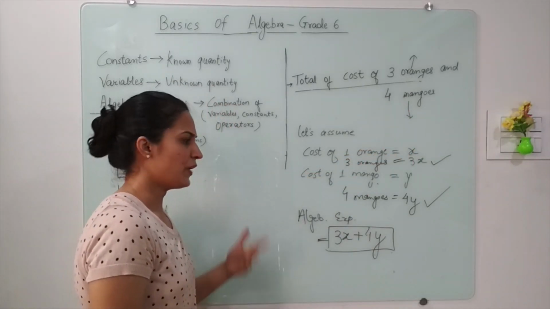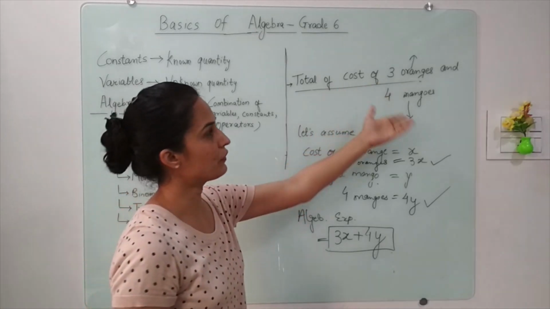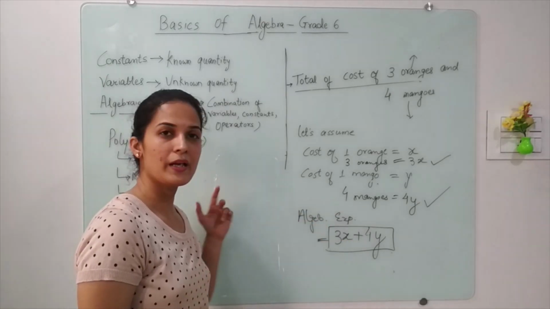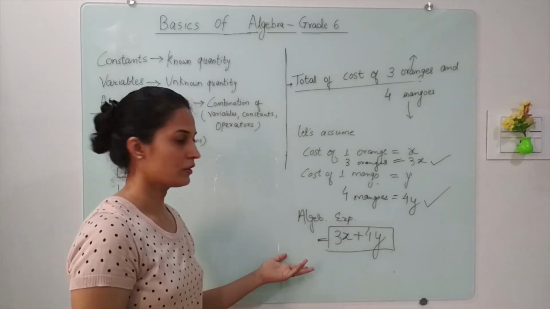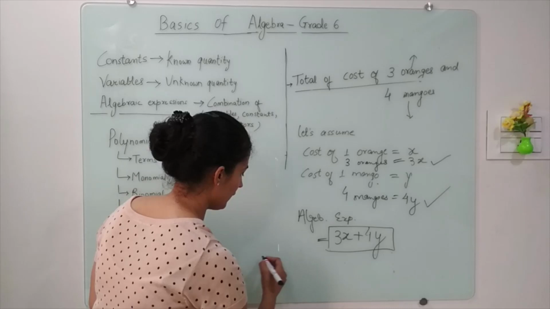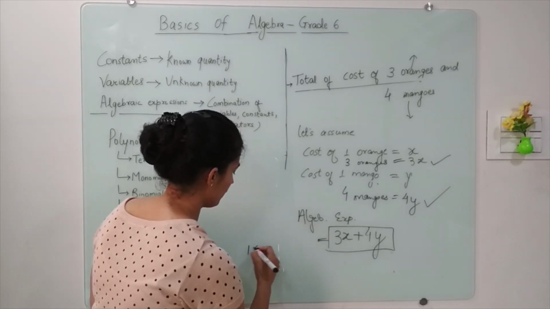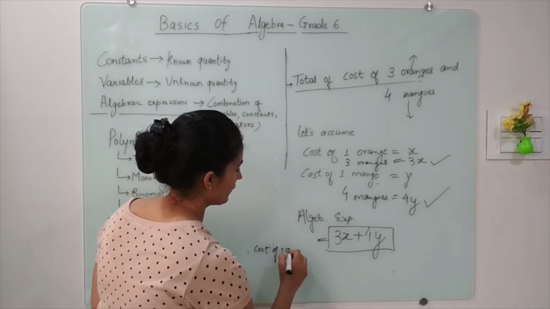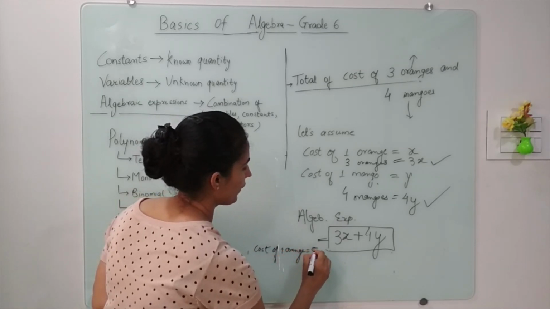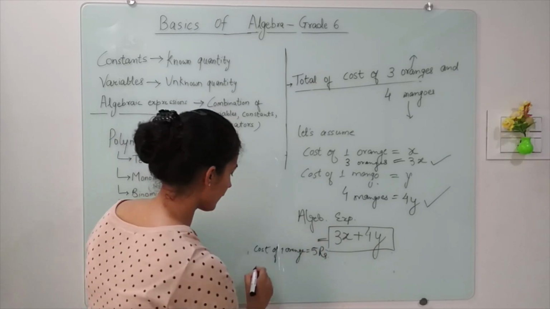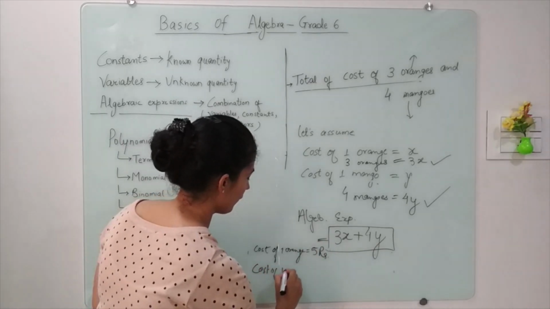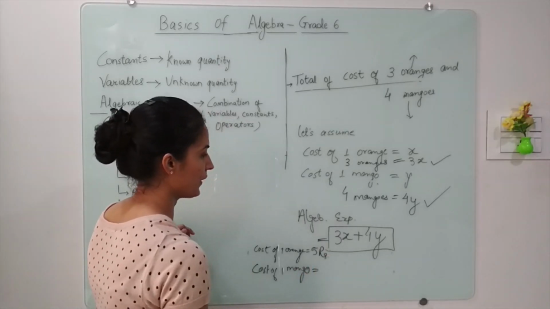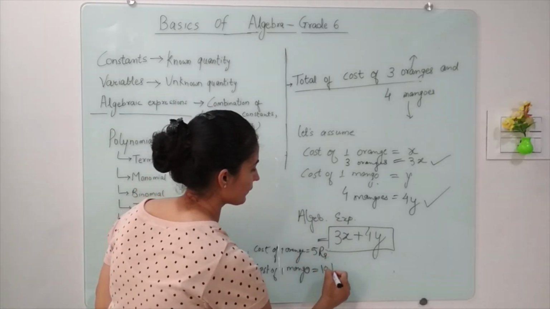Now, for example, you come to know the value of one orange and one mango. You can simply use this and find the total cost. So let's take an example that the cost of one orange is equal to 5 rupees and cost of one mango is equal to, for example, 10 rupees.